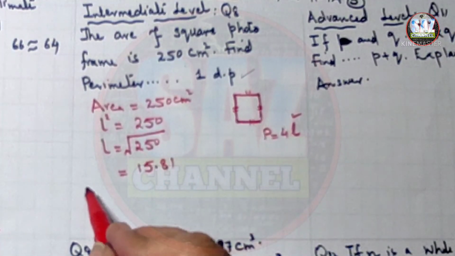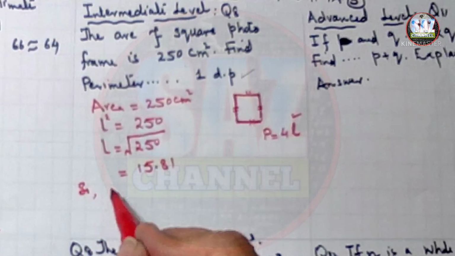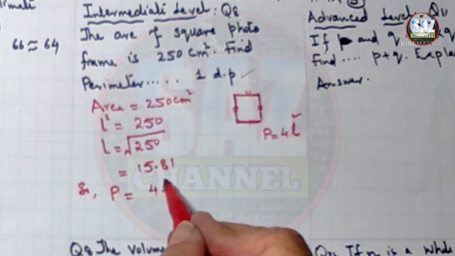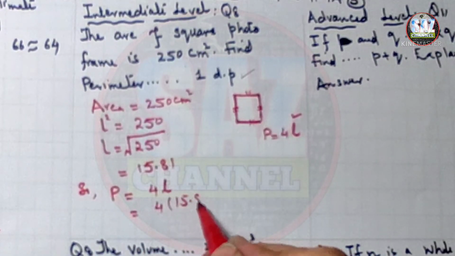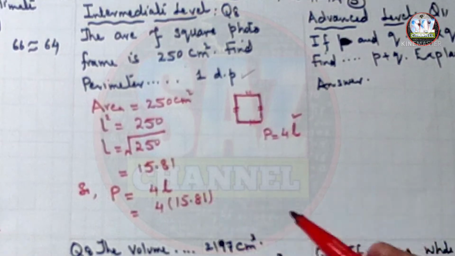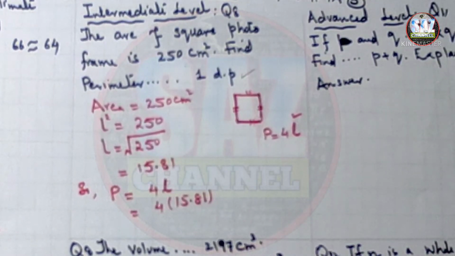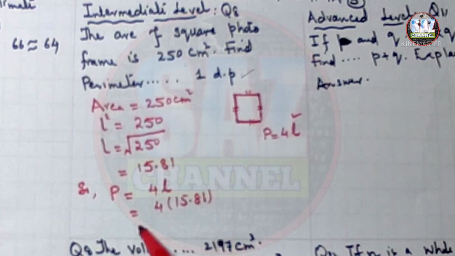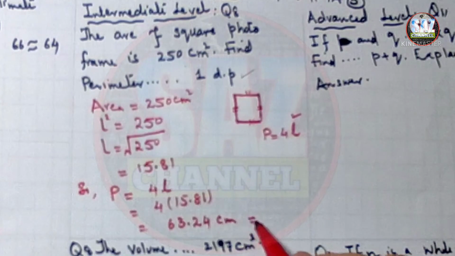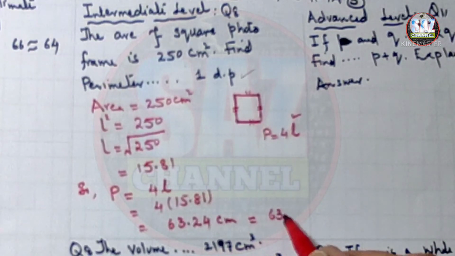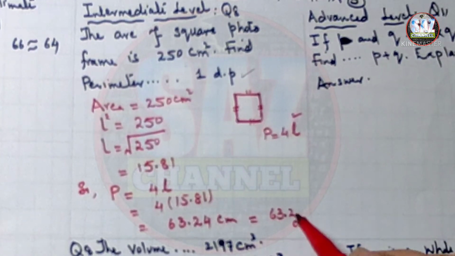Now the requirement is the perimeter equals 4 times the length of one side, so 4 times 15.81, which is 63.24 units. As the question says to 1 dp, 63.2 centimeter is the answer.